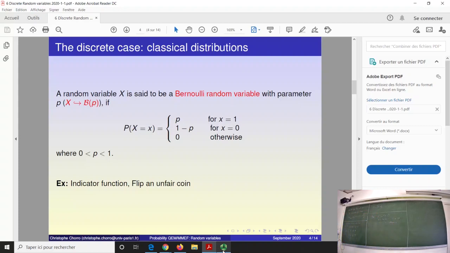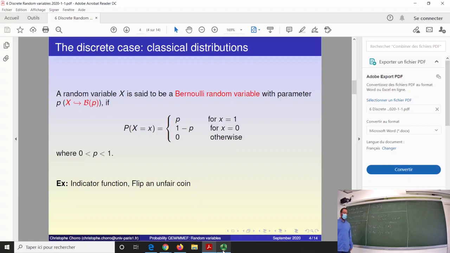That is the definition of the indicator function, and if I want to find the distribution of the indicator function, that is a particular random variable, I need to compute the probability that the indicator function is equal to 1 and the probability that the indicator function is equal to 0. What are these probabilities? When I am in A, the probability that the indicator function is equal to 1 is equal to P of A. Here I have P of A complementary.